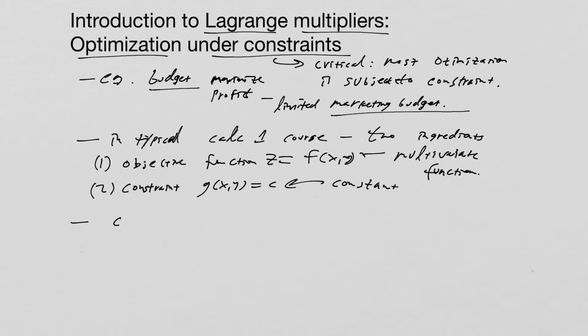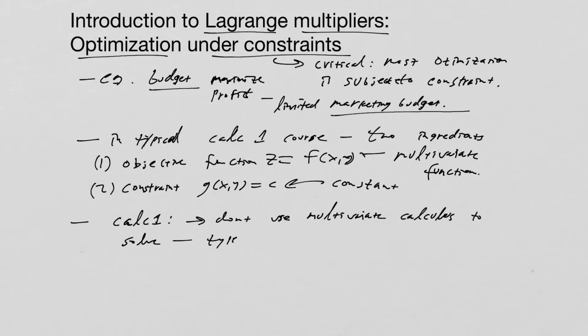Okay, so of course in a Calc 1 course, you don't use multivariate calculus to solve. Instead, the type of problem can be reduced to just one independent variable.